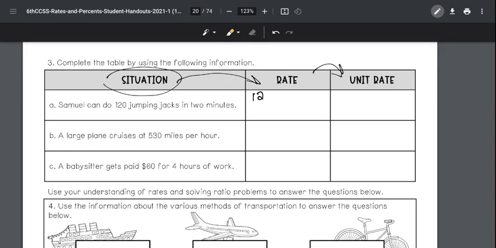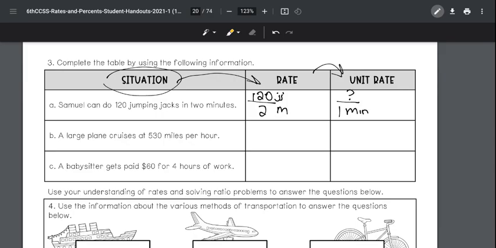So in this situation A, Samuel can do 120 jumping jacks. Put 120 JJ over 2 minutes. That's our rate. 120 jumping jacks for 2 minutes. So now to figure out our unit rate, we need to have 1 minute in the bottom and figure out how many jumping jacks that is.